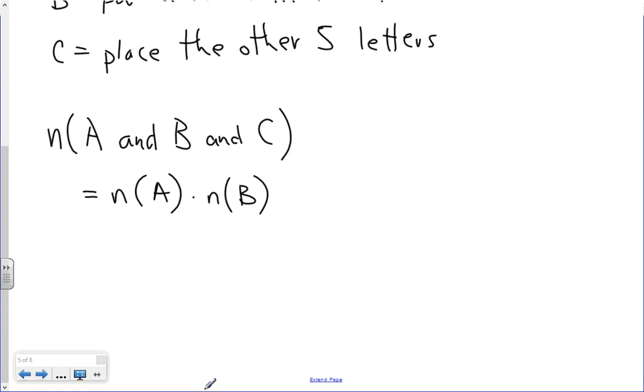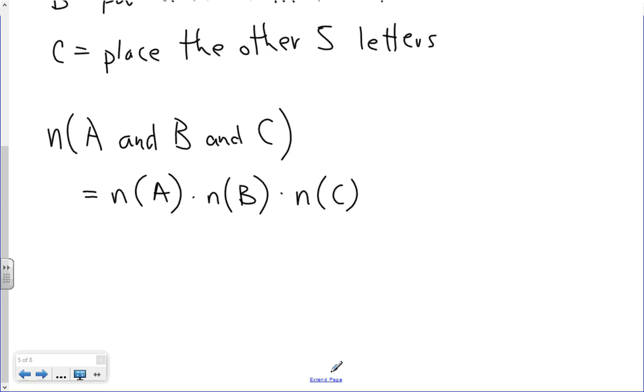They're independent of each other. Doesn't matter what vowel I've placed there. There's still only one choice there for where the Q's got to go. And then multiply that by the number of ways of arranging the other 5 letters. Now for that, there are dependent events that we've got to deal with.